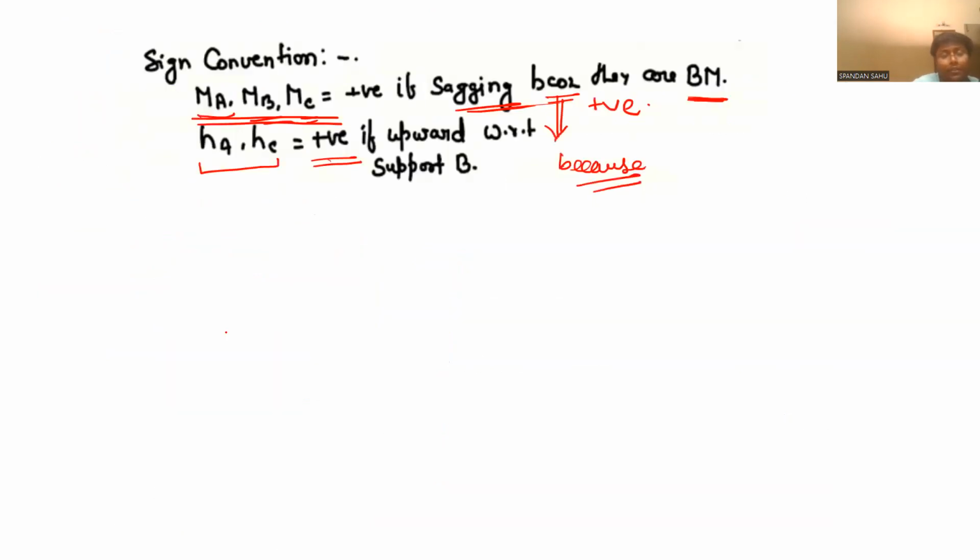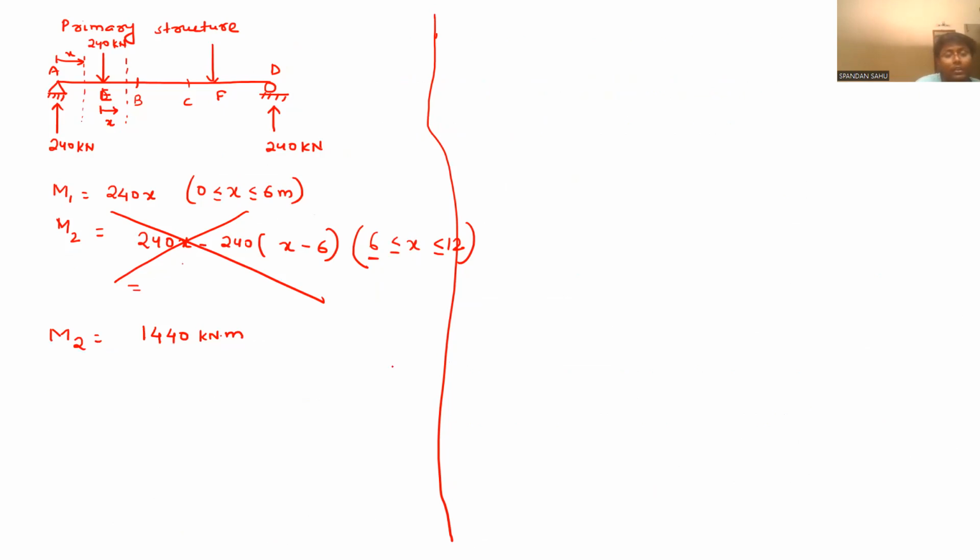It is constant, 1440 kilonewton meter. And here x varies from 0 to 12. Again the same mistake you are doing. 0 to which point? 6.